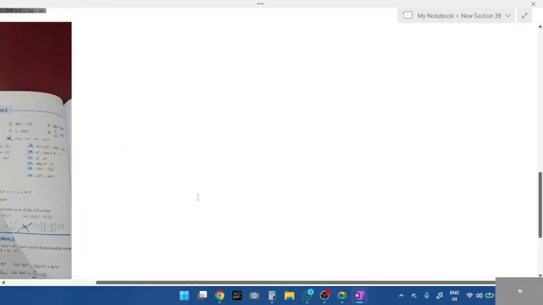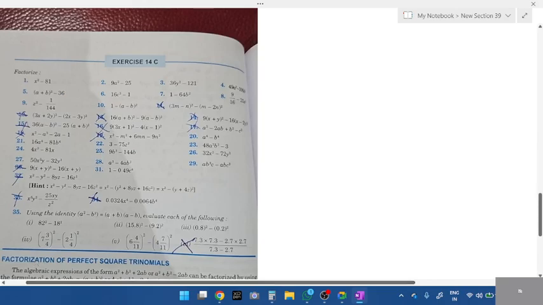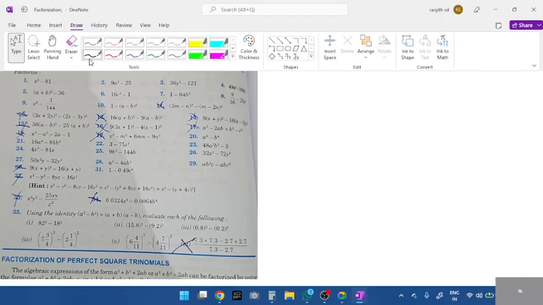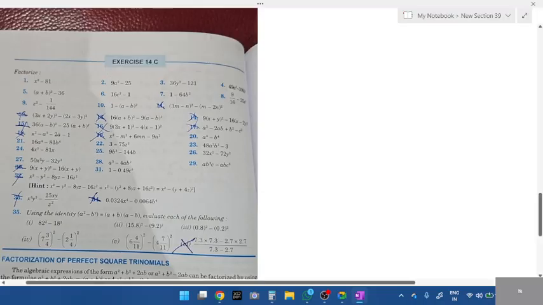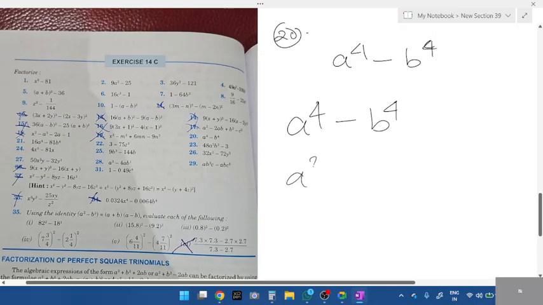Fine. We'll solve the first one or two questions. You all might have doubts now; you'll understand. Look at this question, the 20th question: a to the power of 4 minus b to the power of 4. Did we study any formula for a4 minus b4?